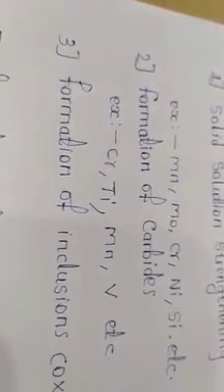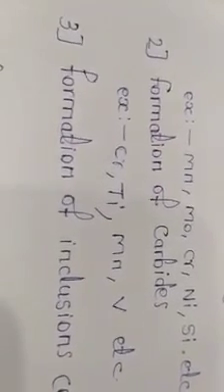Now the third point is the formation of inclusions. As you know, the iron ore, when formed, contains oxygen, and when the iron solidifies, it forms blowholes and pores, and because of these blowholes and pores, the material becomes brittle.